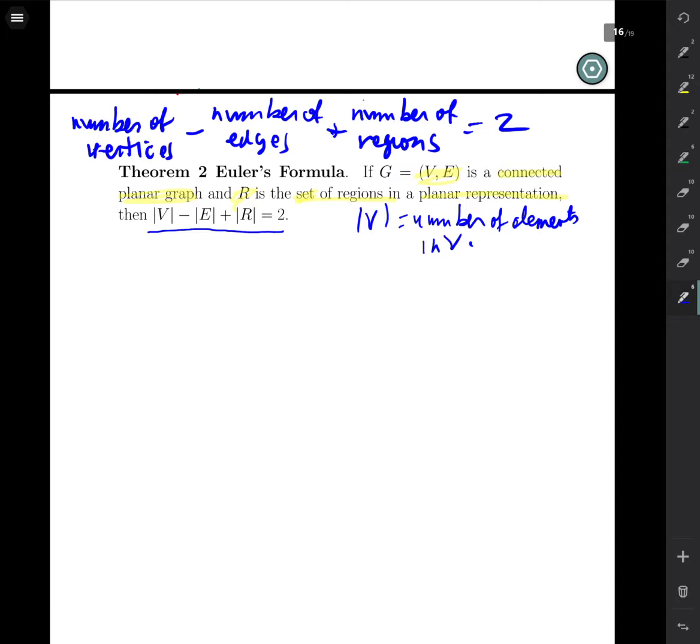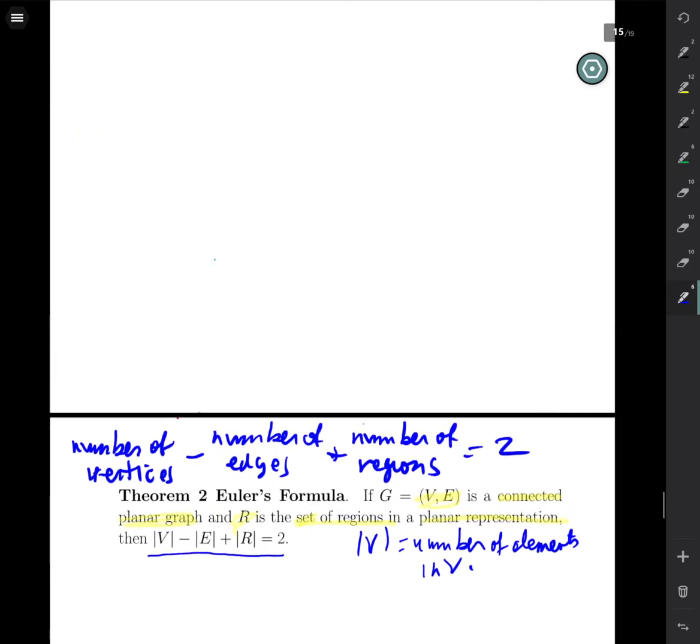So the basic idea, there's actually two things that we'll do in the theorem, and one is to make use of the fact that a graph can be built up in steps, a connected graph.